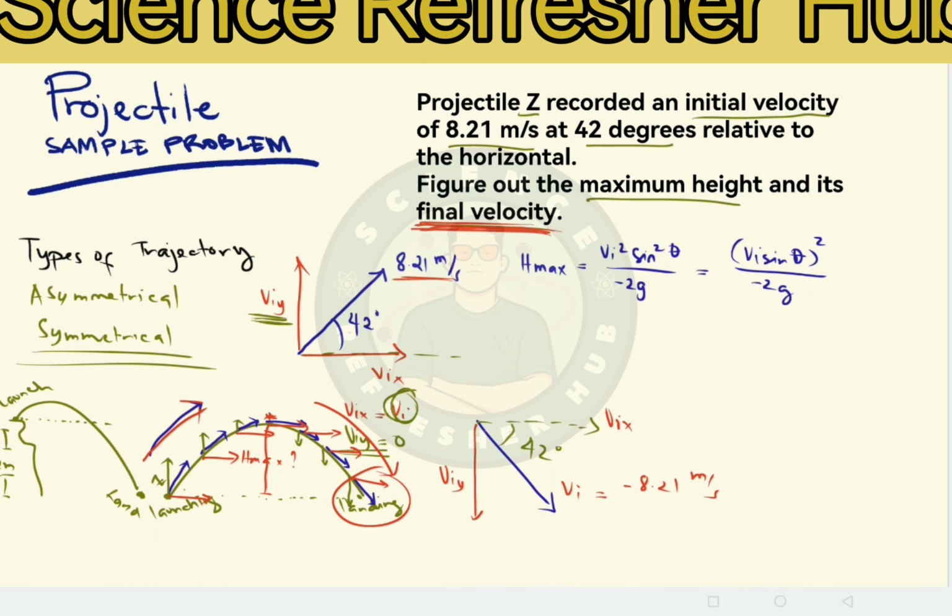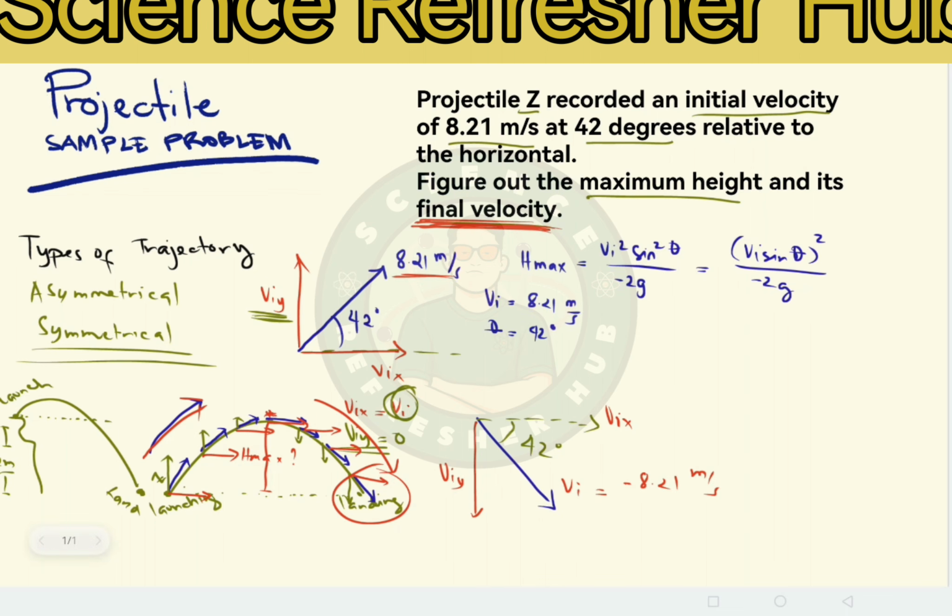Our givens in the problem: we have vi, that's 8.21 meters per second. Our theta is 42 degrees with respect to the horizontal. And then we also have, of course, gravity, and we will use the negative to represent the direction. In our formula, we don't need the velocity values in the y direction and the x direction, because the formula just needs the vi here. So we can use the 8.21 here.